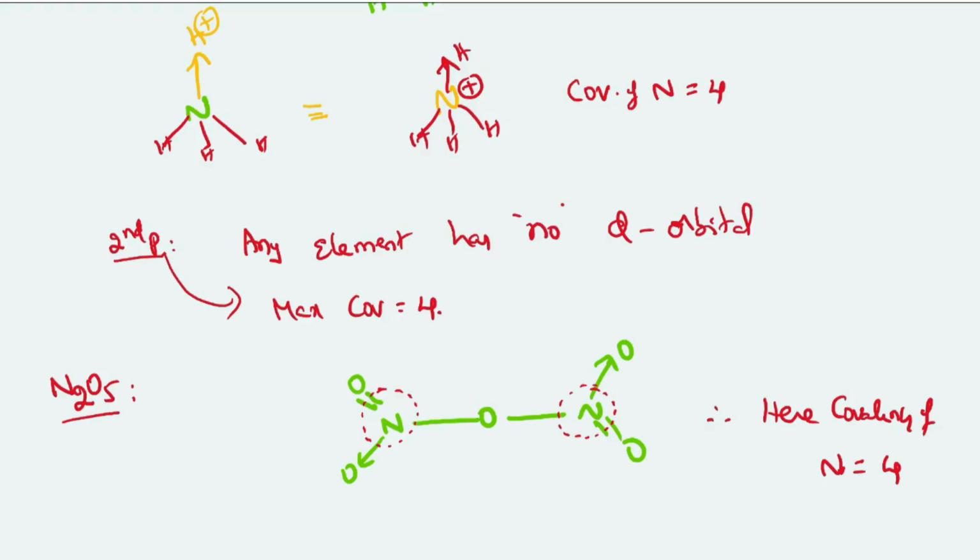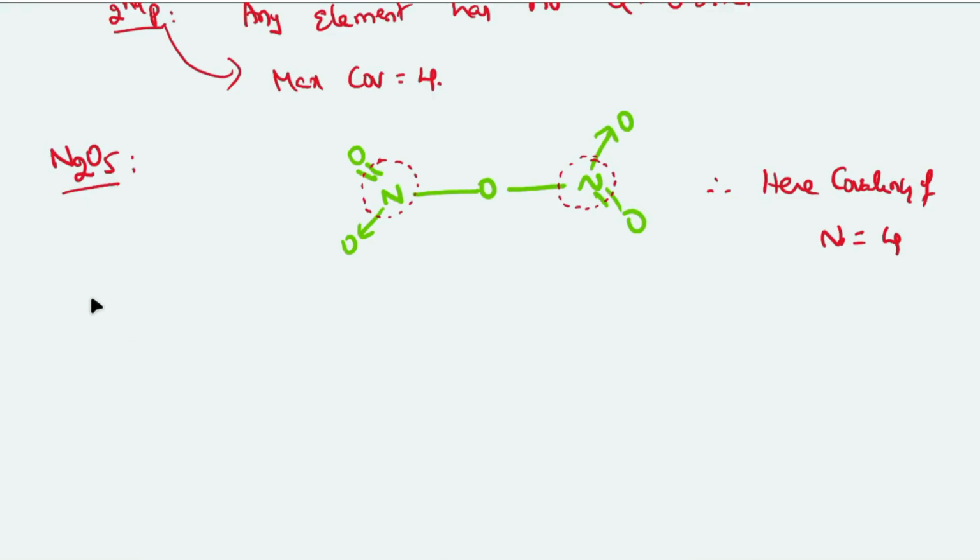Yes, sir. This is an excellent point related to covalency. Now I will ask one more question related to sulfur. In S8, what is the covalency of sulfur? Now if you check the S8 structure, it is called rhombic sulfur, like this. Crown shape is there.